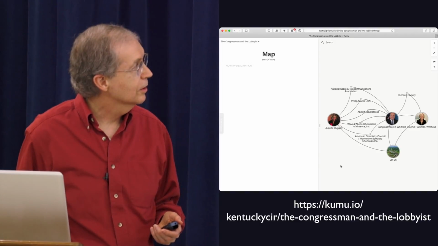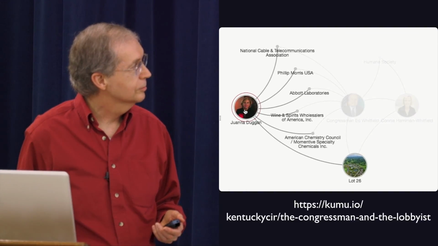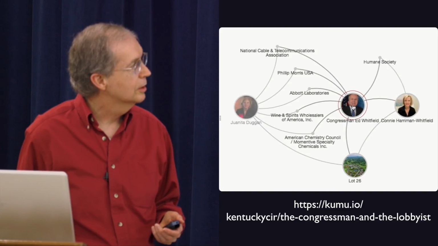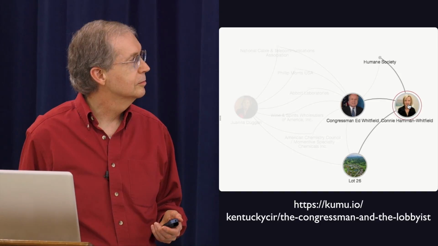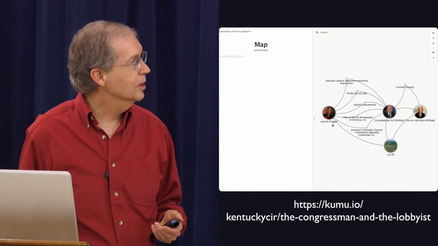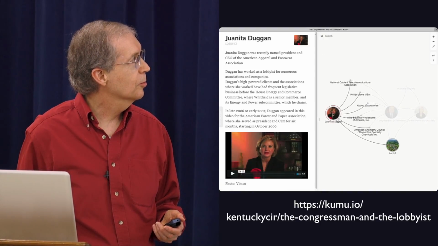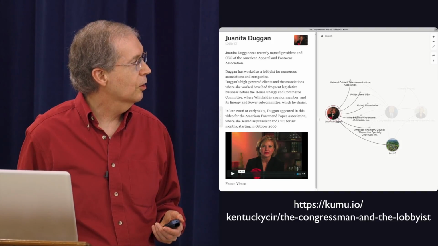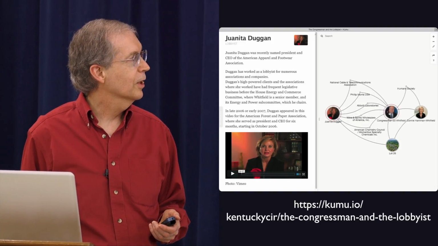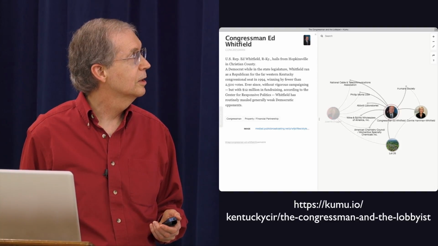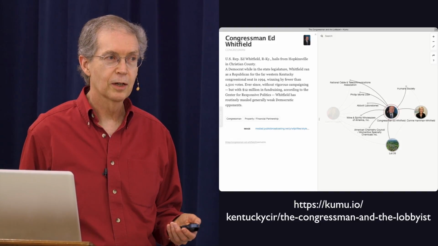What we have here is a lobbyist, a congressman, and the congressman's wife. If I click on the lobbyist picture, what shows up over here is this whole bit of text plus a video all about the lobbyist. If I click on the congressman, what shows up is information about the congressman.